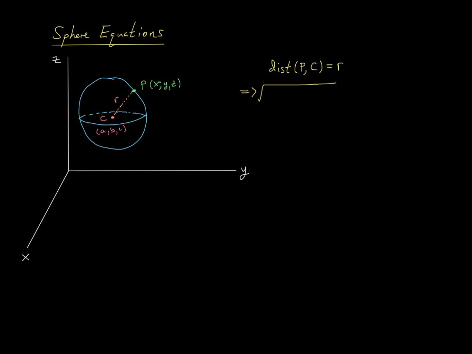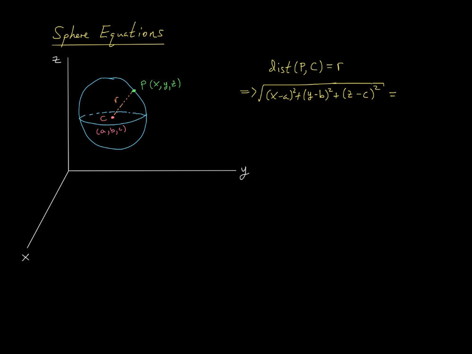Well, it's going to be the sum of the squares of the differences in each respective coordinate, right? So in other words, it'd be (x minus a) squared plus (y minus b) squared plus (z minus c) squared, and there we have it.